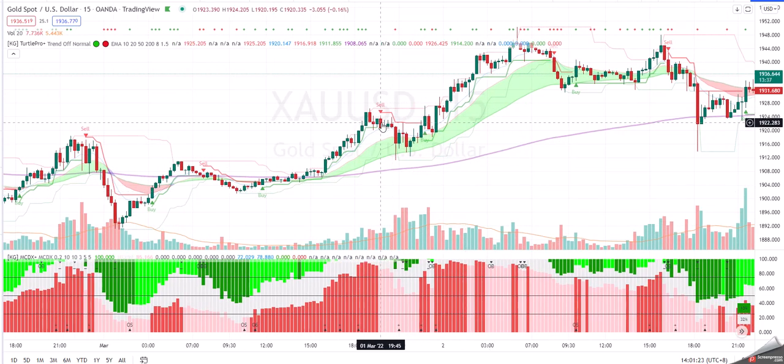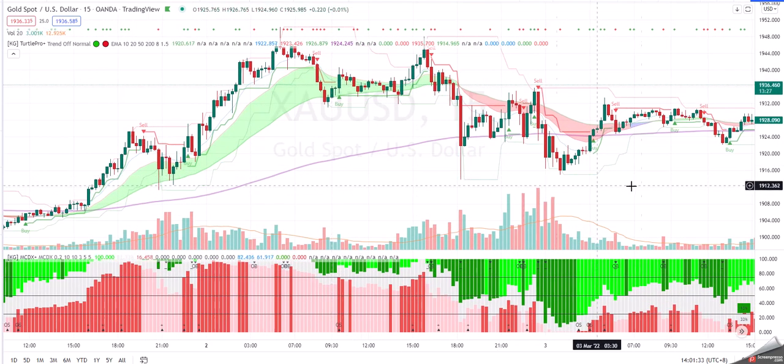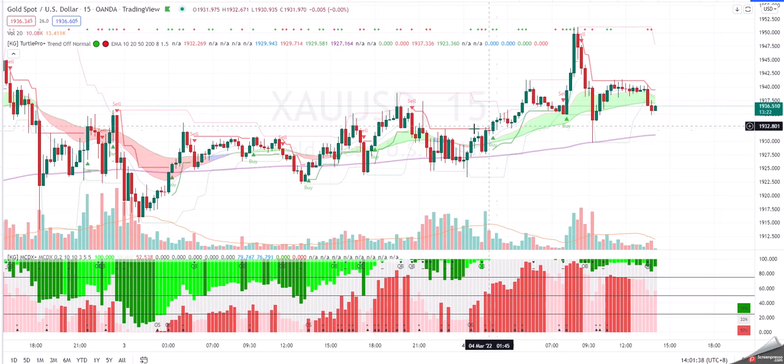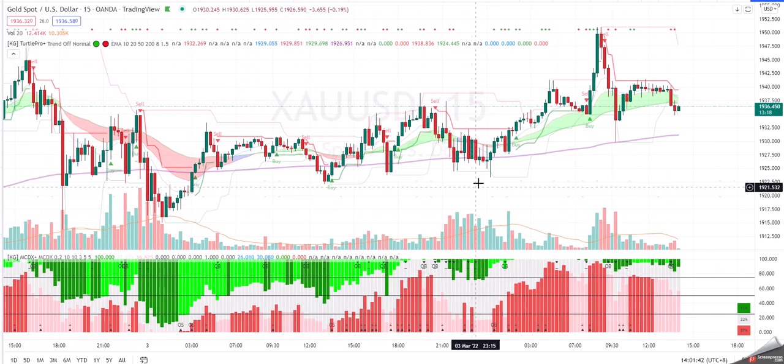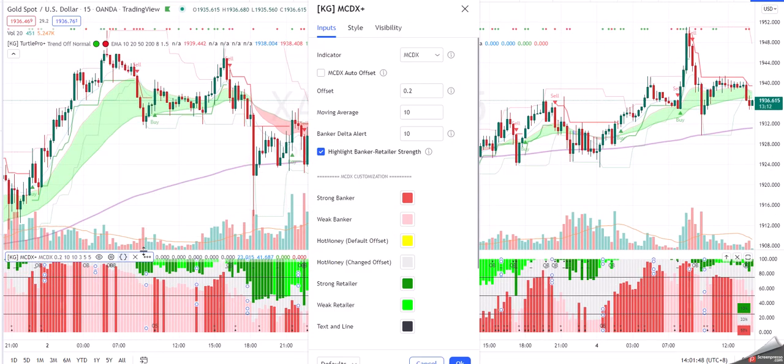Same thing, if I have a sell signal, it's a pullback, and it's supported by the buying pressure being at ease, then I sell. The best is you buy if the price is above the moving average, and you sell if the price is below the moving average. So that's about it on how to set this MCDX.